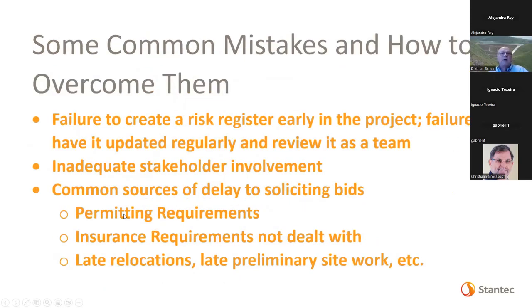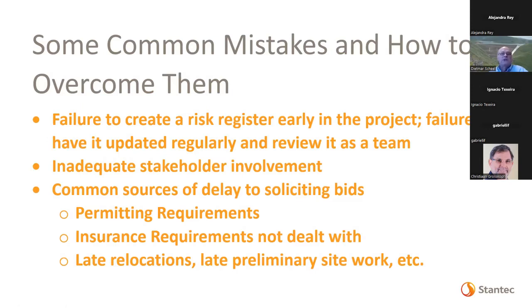Common mistakes, how to overcome them. For the sake of time, I'm going to skip through a number of these. These are a repeat of my procurement slides, but you may find some of these useful as you head toward preparing particular conditions and the rest of your bidding documents.